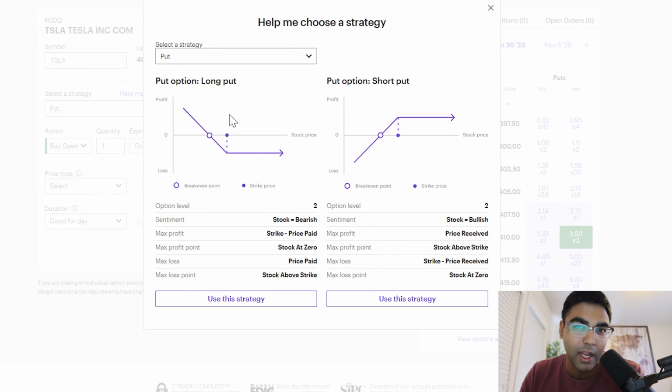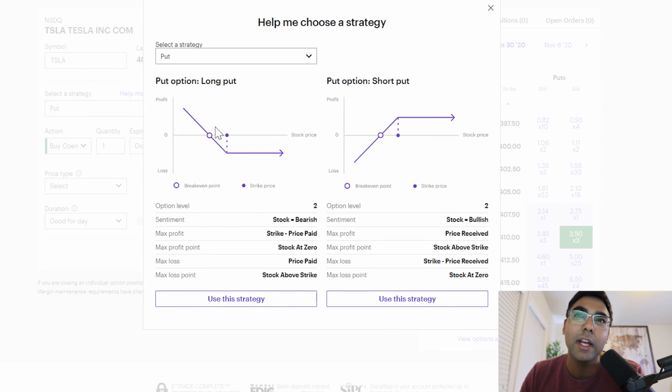Because you're spending money and you're getting money. So if you're spending, let's say, $10 in premium per share, and you want to execute at $375, you're really spending $385. This break-even point is basically saying that you need this stock to go even $10 lower for you to break even. So 375, and then this would be 365 for you to actually make money in that situation.